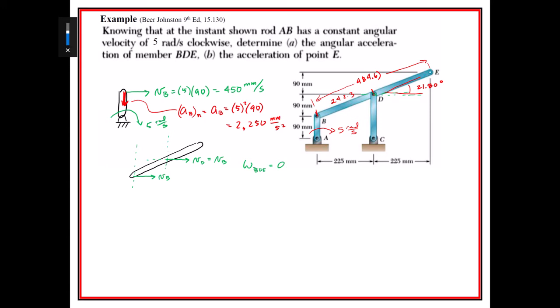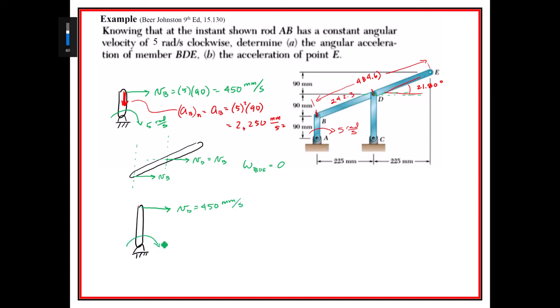Now we take a look at link CD. We just march through this. We've already found that the velocity of D is 450 millimeters per second.